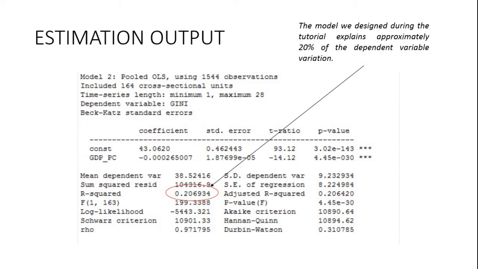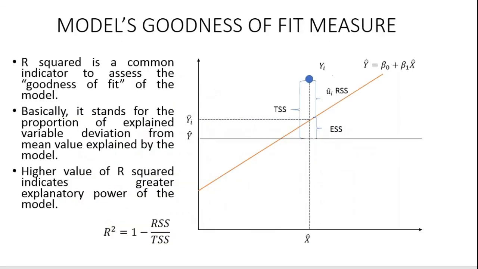For instance, in this case, the value of R-squared is equal to 0.206. So my model explains approximately 21% of the dependent variable's variation. Sorry, 21. I'm not really good at rounding. So this is the idea.